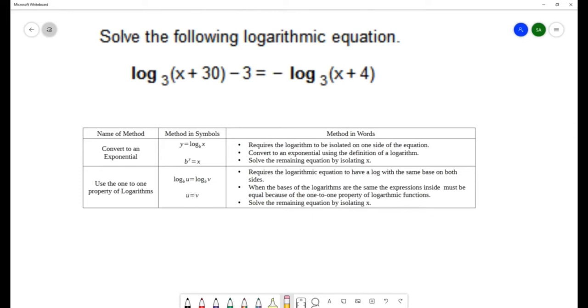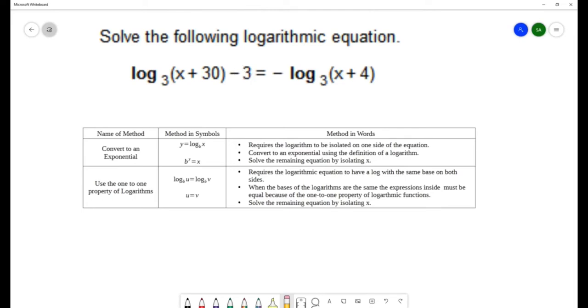Once again, we do have logs on each side, but we do have a problem in this 3 here. With this 3, it doesn't allow me to use the one-to-one property, or some books call this the property of equality. So that 3 is really throwing a wrench in things.